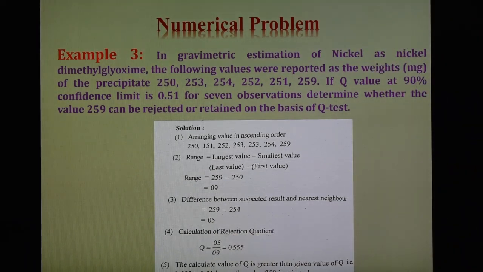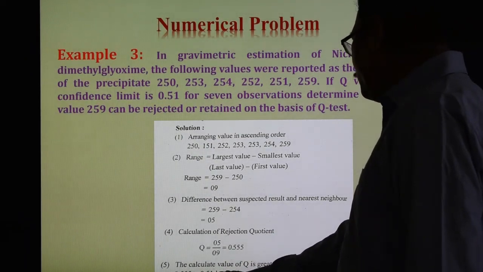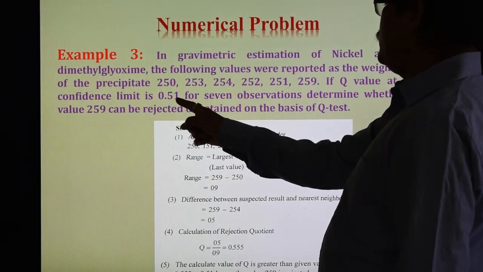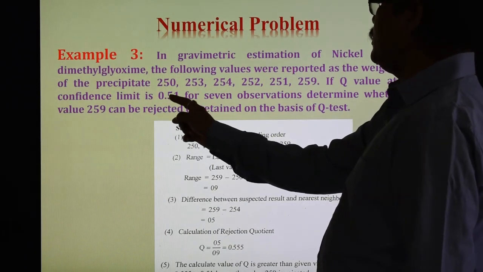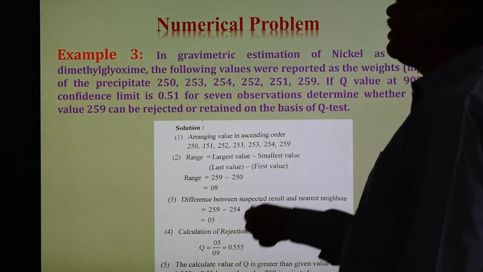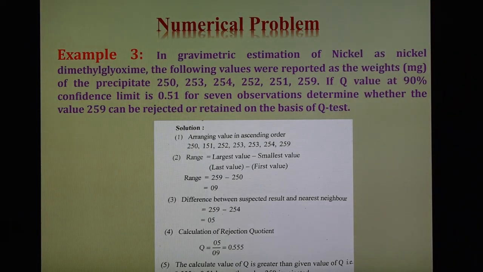So it is obtained 0.555, and this 0.555 is greater than 0.51 for 7 observations. This is the Q value from the table, 0.51, and the calculated value is greater than 0.51. Therefore the suspected result is to be rejected on the basis of the Q test.